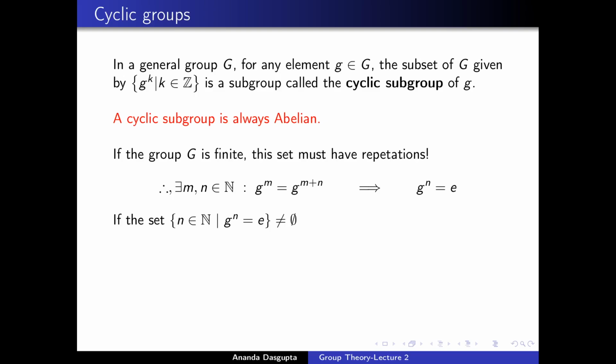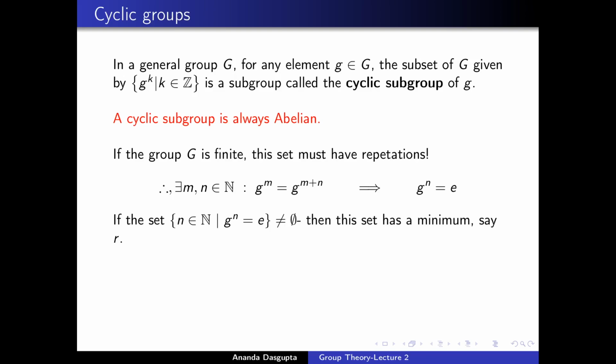For infinite groups, it may or may not be, depending on which particular small g you have picked. But if this set is non-empty, it is a non-empty set of natural numbers. It's a very important and almost trivial property of natural numbers that all non-empty sets of natural numbers have a minimum. And let's say this minimum is r.